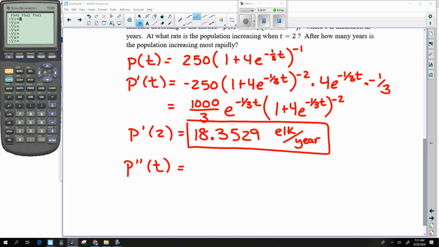So the derivative being 1,000 divided by 3 e to the negative 1/3 t, big parentheses, 1 plus 4 e negative 1/3 t to the negative 2 with respect to x at every x. Go back to the front, insert a math 8.